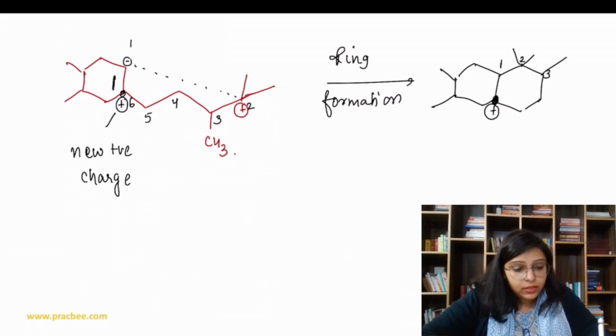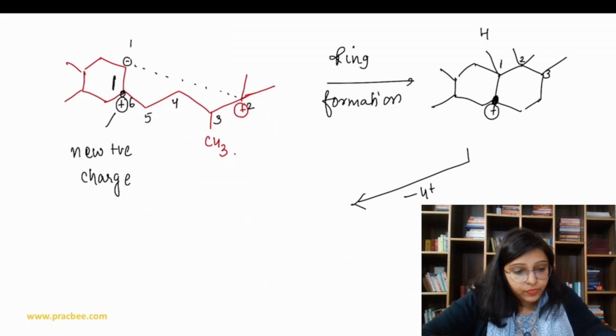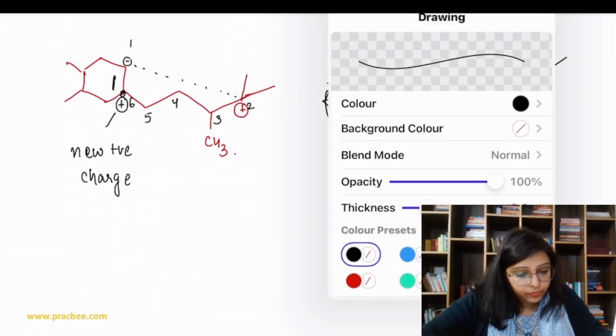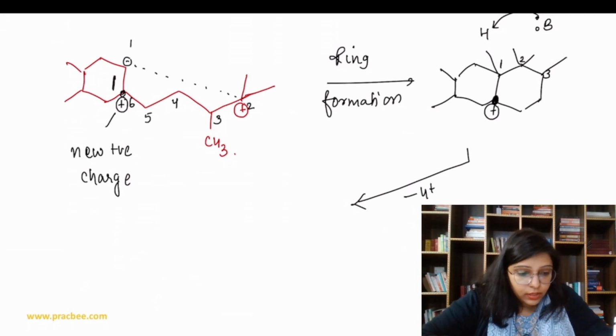Okay. Now next row. Minus H plus. So here we have hydrogen. Okay. So whatever the base we have, it takes this hydrogen. Electron of this bond shifts over here.